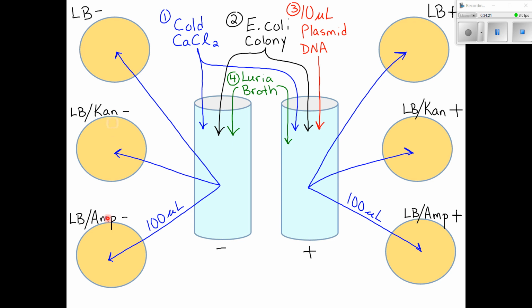And then 2 of your plates will have luria broth, the nutrient, plus ampicillin, which is another very effective antibiotic that is deadly to the bacteria.